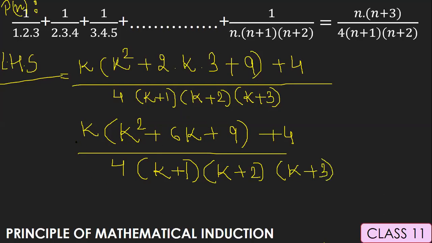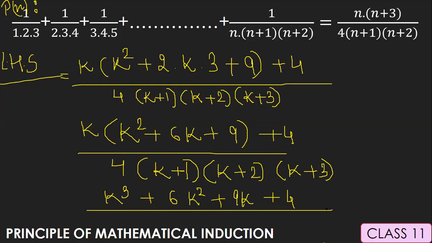So in the numerator, let us take k inside. You would get k cube plus 6k square plus 9k plus 4, divided by the same denominator.